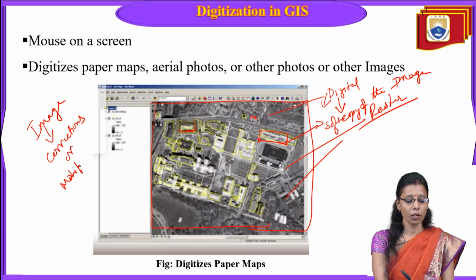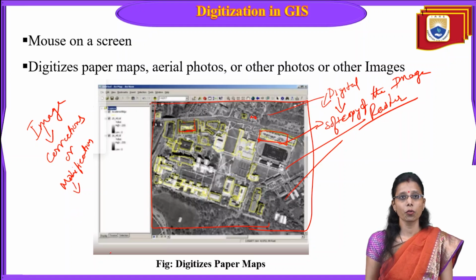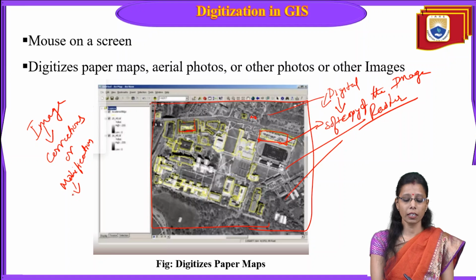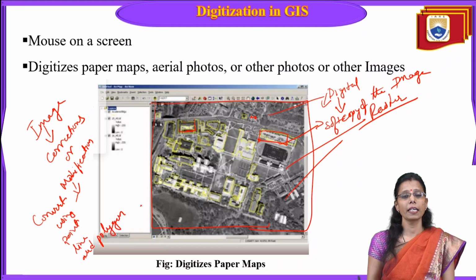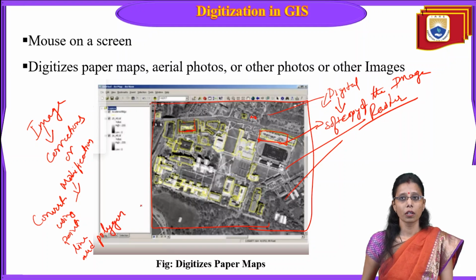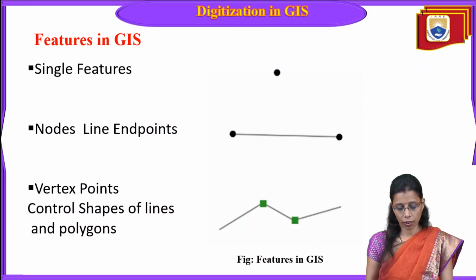So what we have to do is convert it using point, line and polygon. This whole information will later be converted to the soft copy of the image. So this is how we do the digitization.